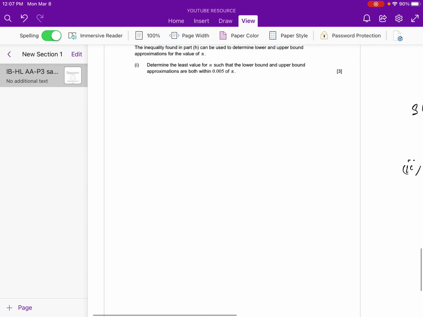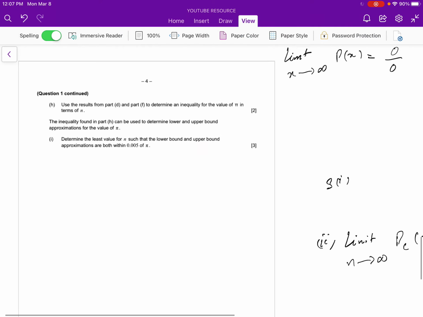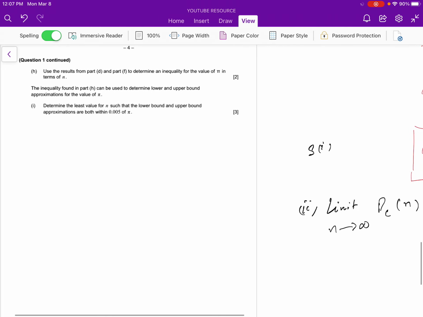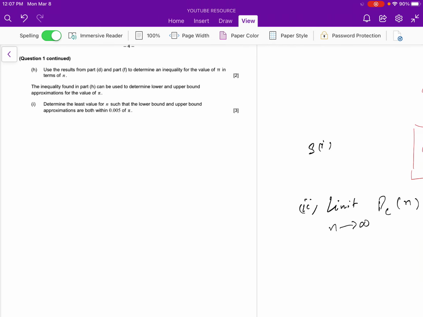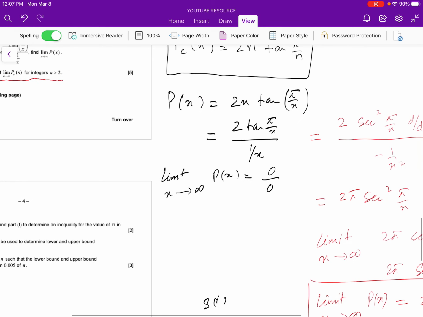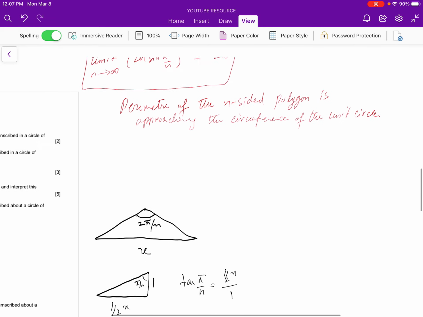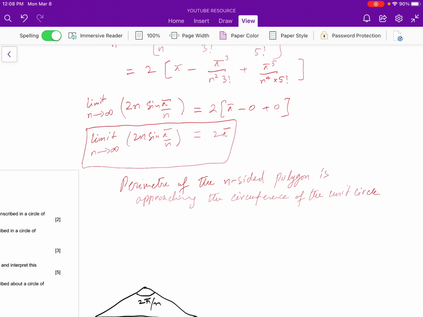Okay, so now part H says use the result from part D and part F to determine an inequality for the value of pi in terms of n. So for this we have to go to the result of part D, which was this. It says the limit as n tends to infinity of 2n sine pi by n is 2 pi.